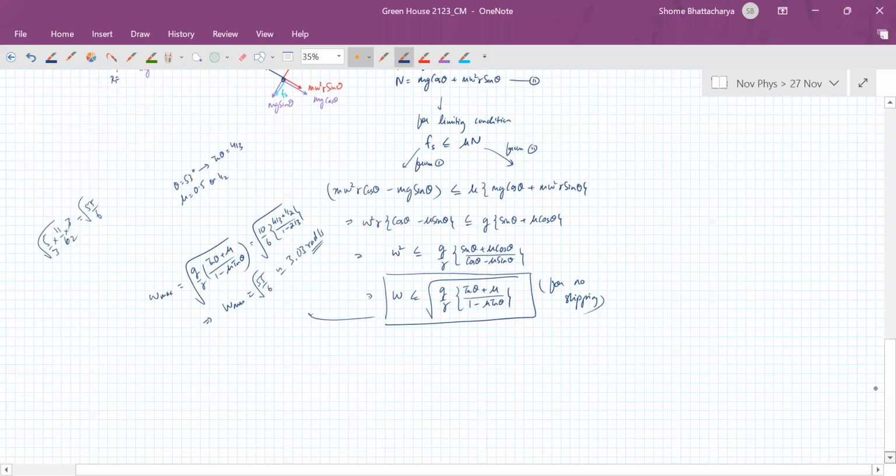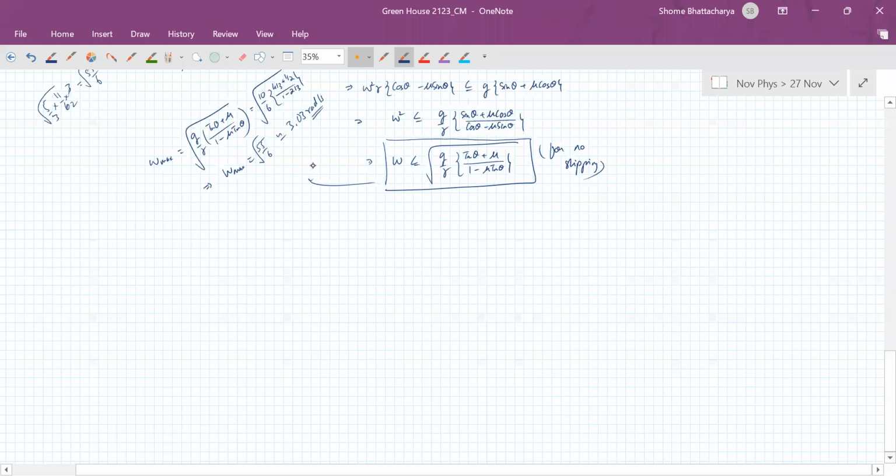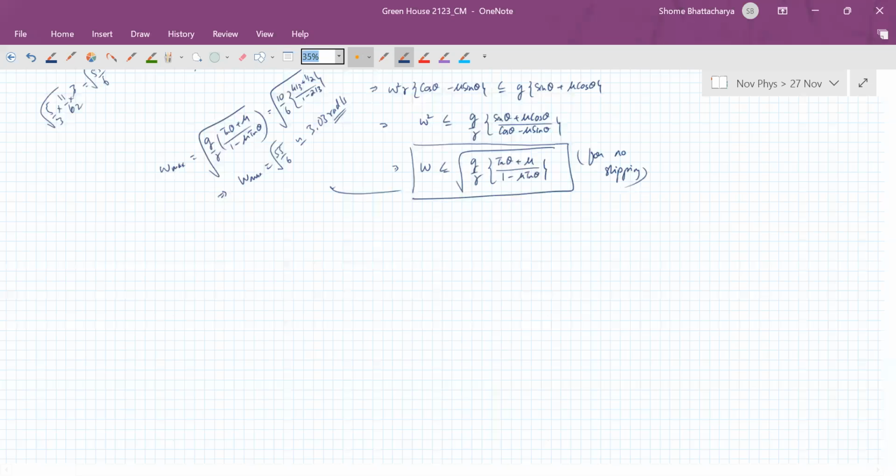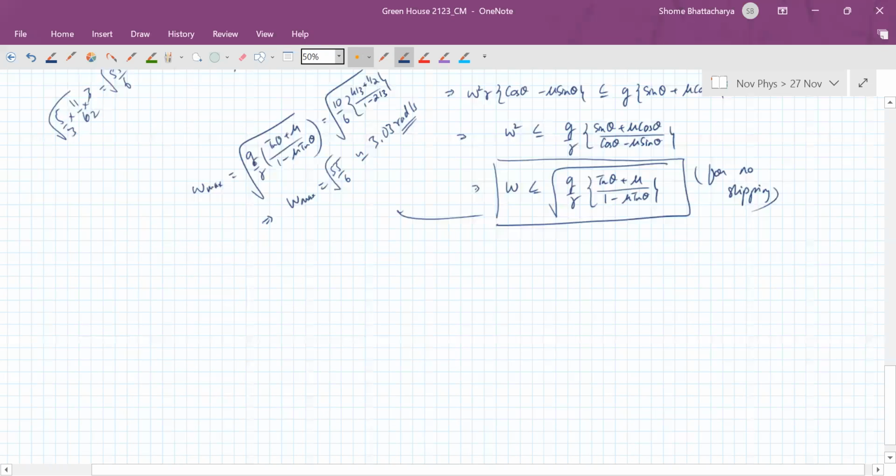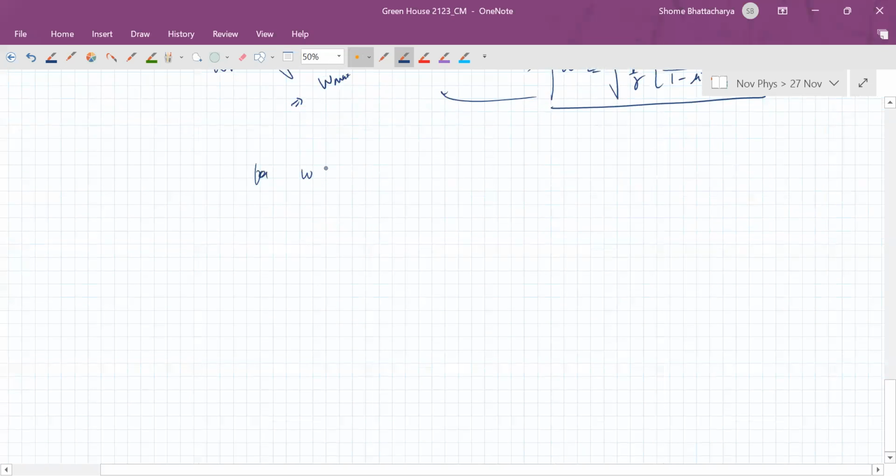Okay, now, similarly, on the other hand, if we reduce the value of omega, there's a tendency to slip down the inclined plane.